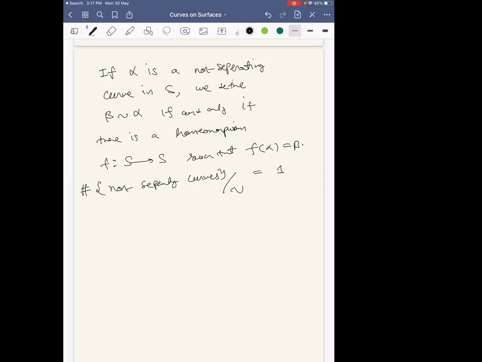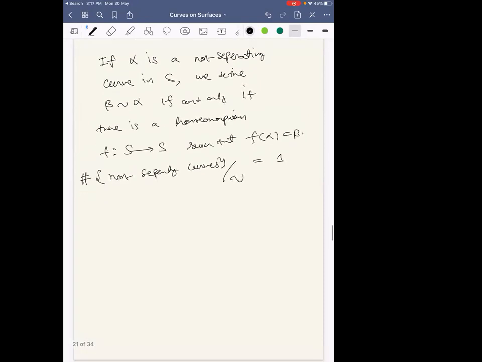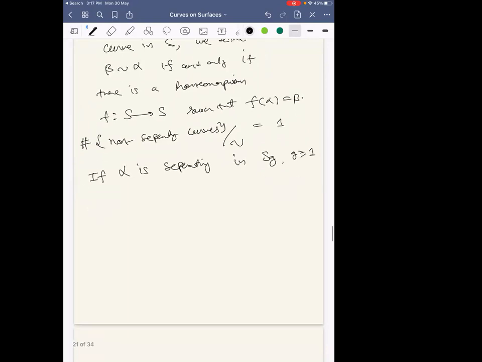And on the other hand, let's say alpha is separating, for simplicity in S_G, and say G is greater than or equal to 1. So you know what happens, right?